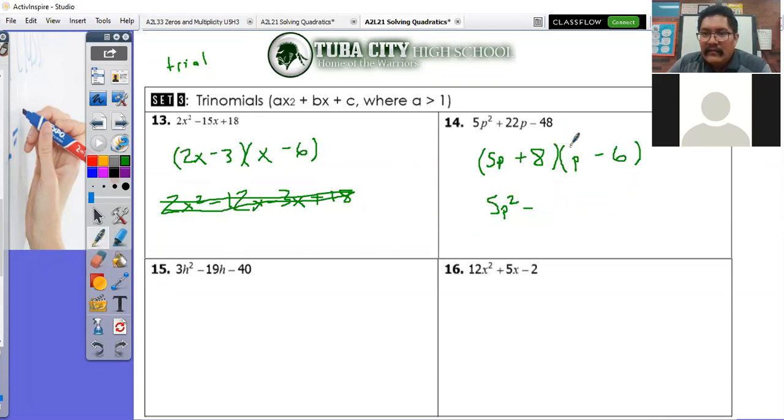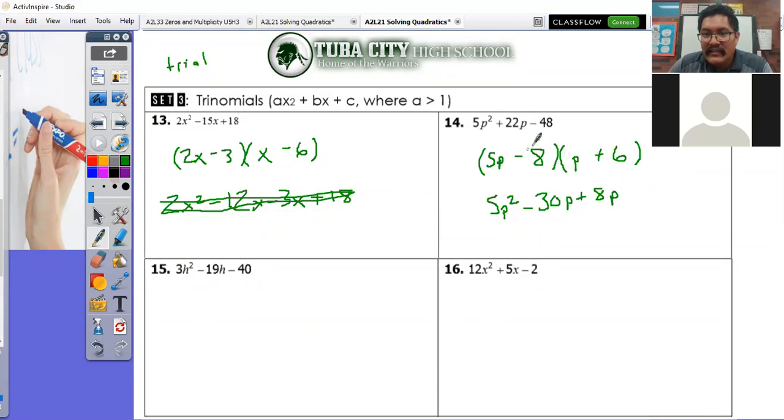All right, so again, this shouldn't change. So in this case, we have 5 times negative 6, which is negative 30p, plus 8p. And here we can go with 8 minus 30, which is negative 22. Now in this case, we got basically the right number. We need positive 22, but we got negative 22. If you got the number but not the sign, that means you need to switch the signs in here.